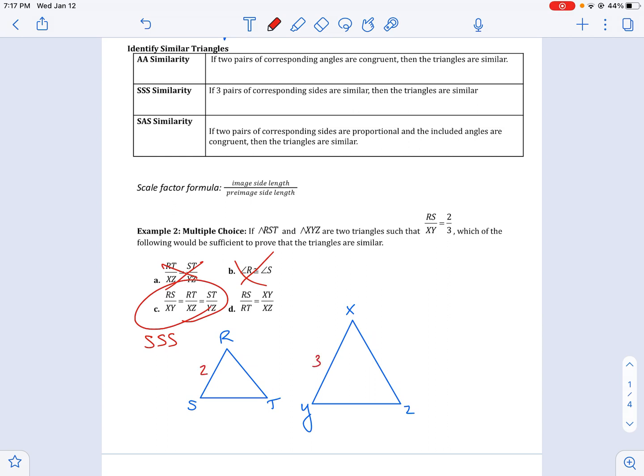If RS over RT equaled XY over XZ, so maybe this is, I don't know, 4 and 6. That would be close, but I'm missing an angle. I don't have an angle there to get side, angle, side, so that one would also not work out. So this gets me side, side, side. None of the other ones work.